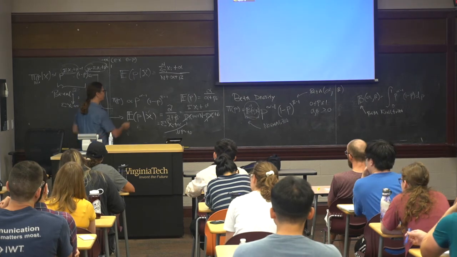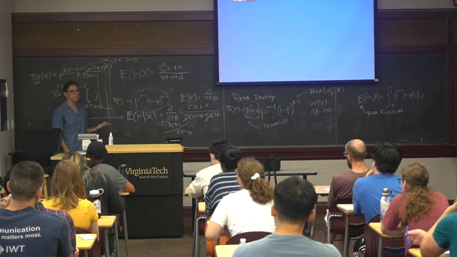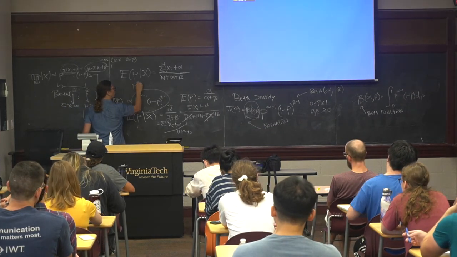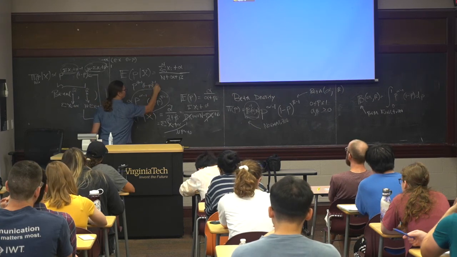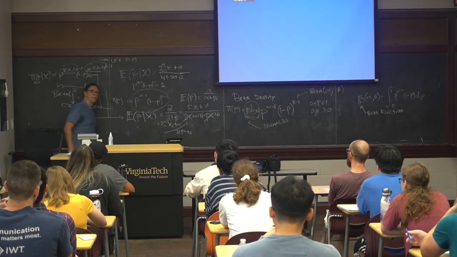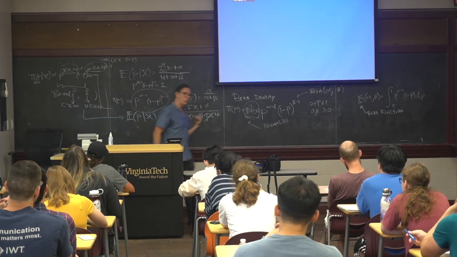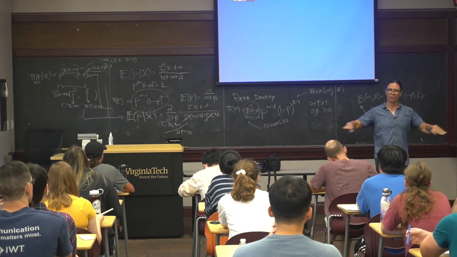If I looked at this right here, this function, and I picked alpha and beta to be 1, so I'll pick 1 minus 1, 1 minus p, 1 minus 1, that's 1 right here. This is a constant function. So a beta 1, 1 is a uniform distribution.